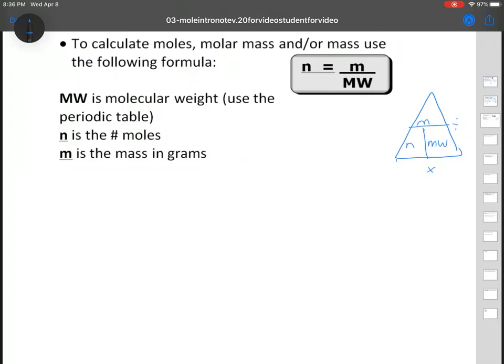For those of you that are interested in taking or thinking about taking the AP exam, they'll give you the formula like this, but you really have to use dimensional analysis. They're not going to give you triangles. Okay, so just keep that in mind. But for most of us, using the triangle is perfectly fine.